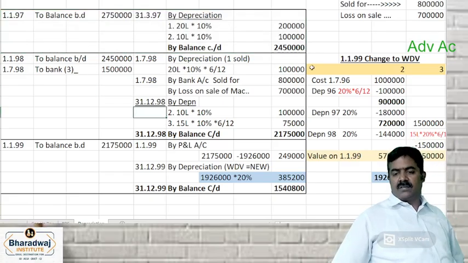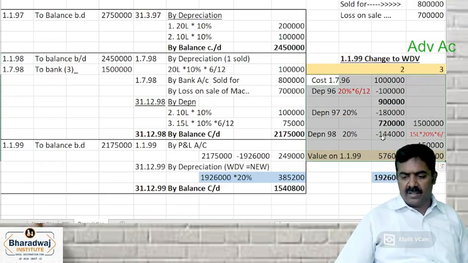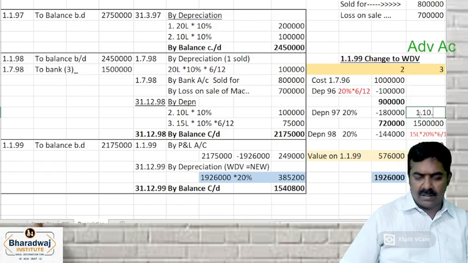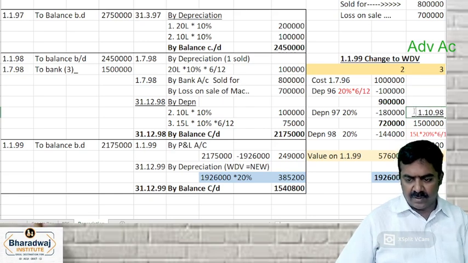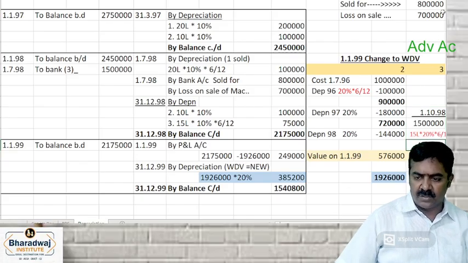Any doubt in it? We work out as per the new method from the beginning. The third machine was purchased on 1/10/98 only. That is why for this we provide only 6 months depreciation for the next year.